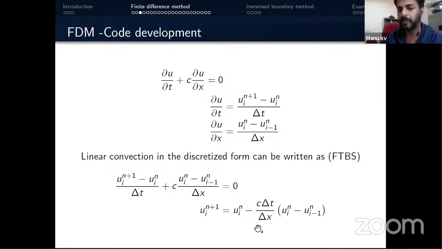This is the expression which we can get from the governing equation. So we converted the governing equation into the finite difference equation. This is the first part. Then we can proceed further once we know the initial condition and the boundary conditions.